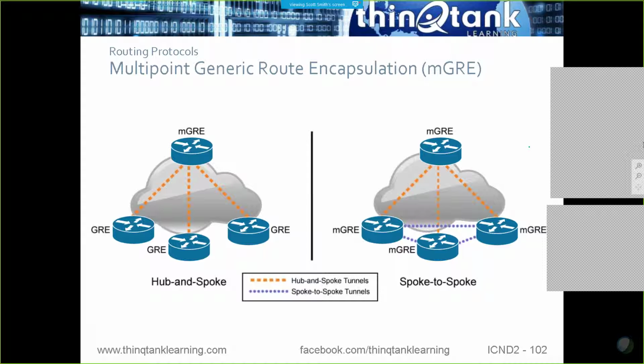Those tunnels are automatically registered through the configuration, and each spoke destination is going to register itself to the hub. And on top of that, each spoke destination is going to identify what networks exist behind them to the hub. So essentially we're building this routing architecture where we can identify reachability information. And that's where the NHRP protocol comes into play. We'll see that in a couple of slides here.